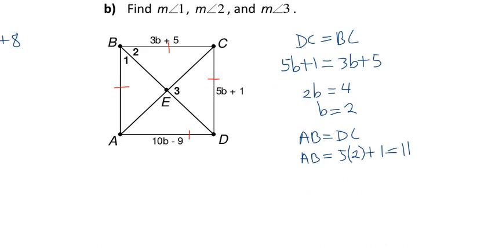So because this is a square, and a square is a rhombus, we know that the diagonals bisect the angles. So angle 1 and angle 2 must be congruent because diagonal BD bisects angle ABC. And because this is a square, and a square is a rectangle, we know that all the 4 angles here are right angles.